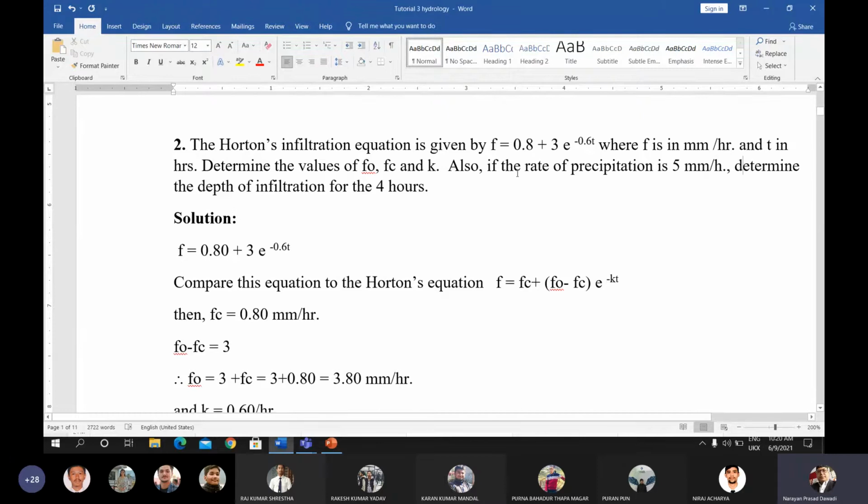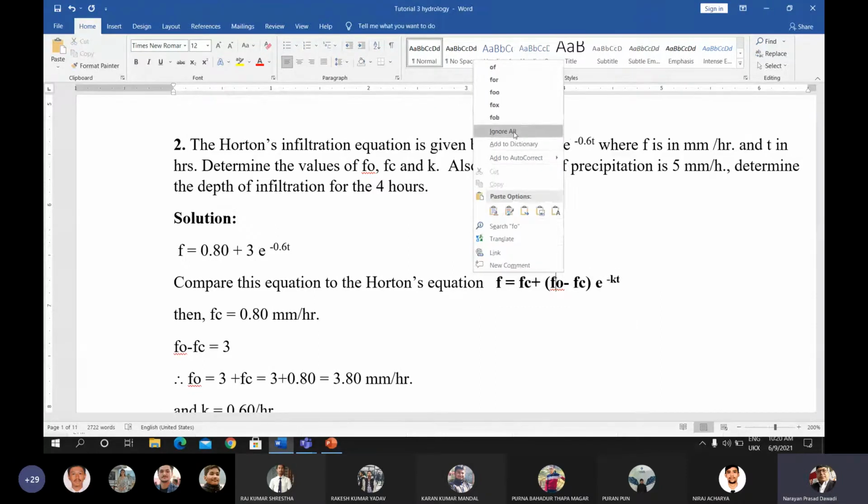Now, the solution. The equation is given here: f = 0.80 + 3e^(-0.60t). This is the equation of the infiltration curve. Compare this equation to Horton's equation. Horton's equation is f = fc + (f naught minus fc) e^(-kt).